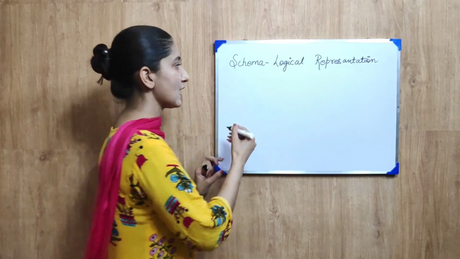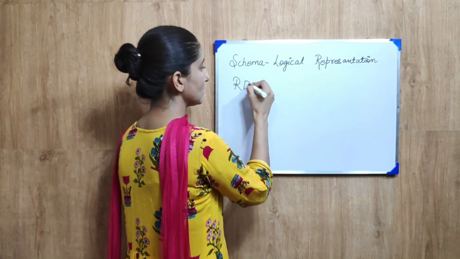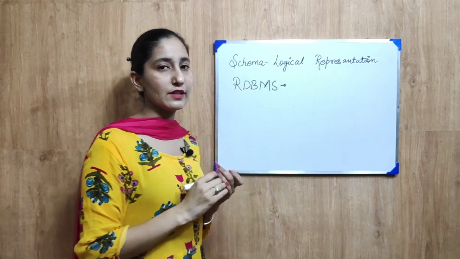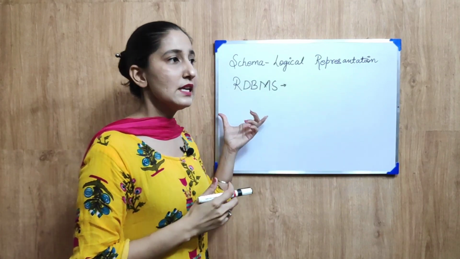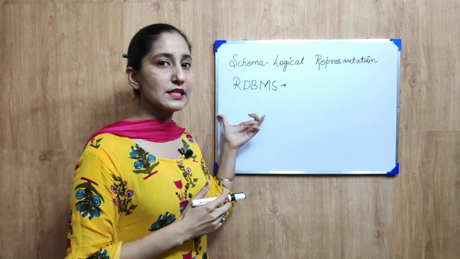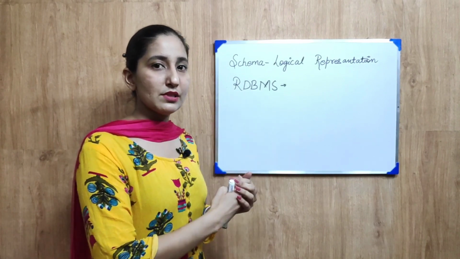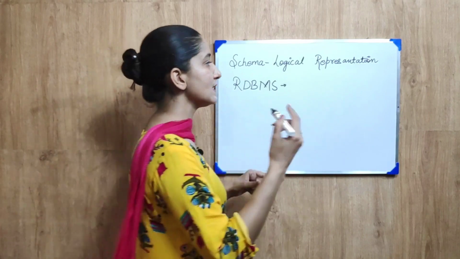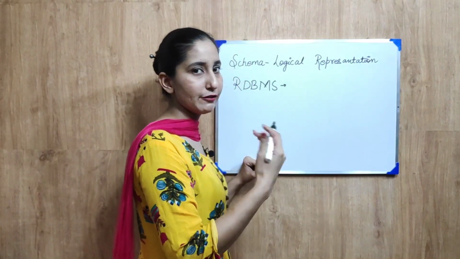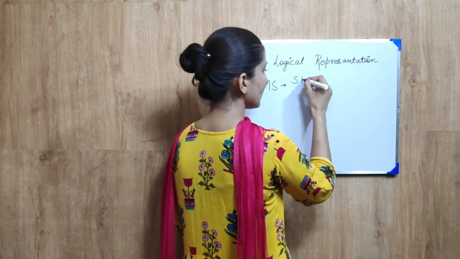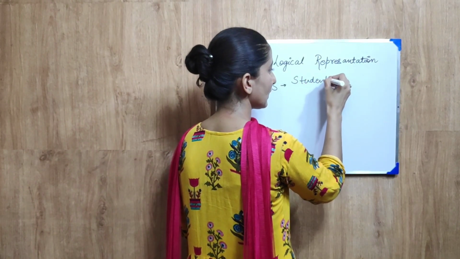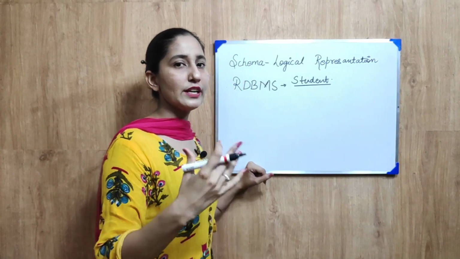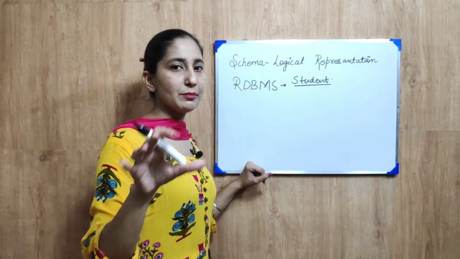Let's take the example of RDBMS, which we have already studied in our previous topic. RDBMS is the relational database management system, in which we have the database in the form of tables. Take an entity, for example, a student. What is an entity? An entity can be any real world object that you can define with multiple attributes.